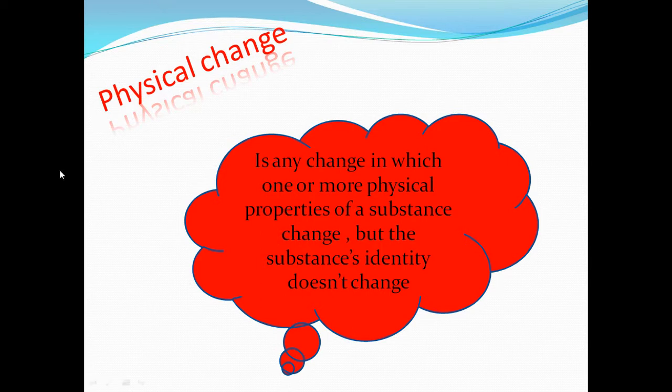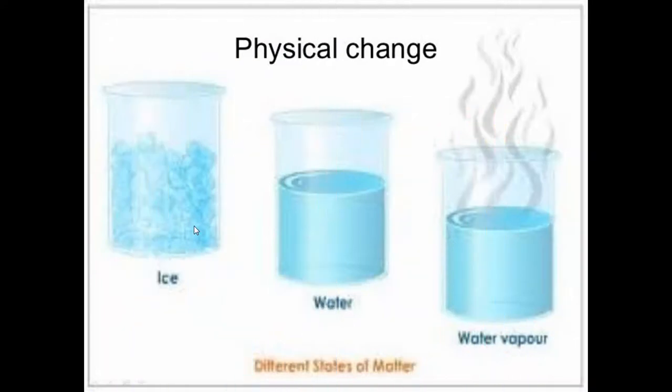So again, what's meant by physical change? It is any change in which one or more physical properties of the substance change. But here, after changing the water from the form of ice, what about its formula as you learned?